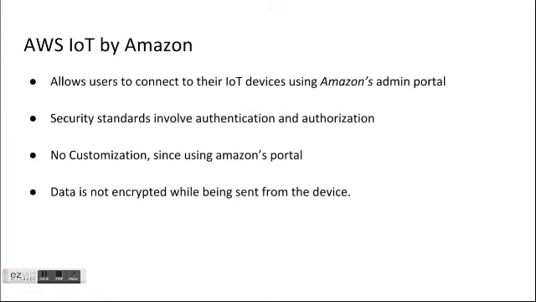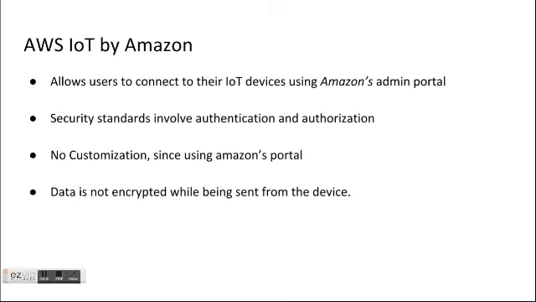So what's different here? I'll just tell you the related work. AWS IoT is one of the other IoT platforms available right now. AWS IoT allows users to connect their IoT devices to Amazon's admin portal. Basically, using a third-party server, the only security features are authentication and authorization, which means once the user authorizes a certain IoT device, Amazon just authenticates if it's the same device, and only then it allows the communication.